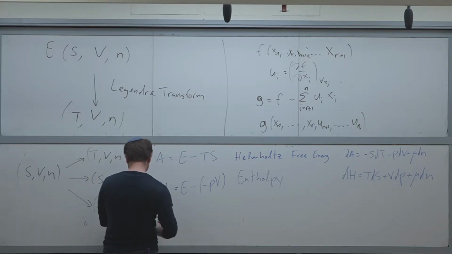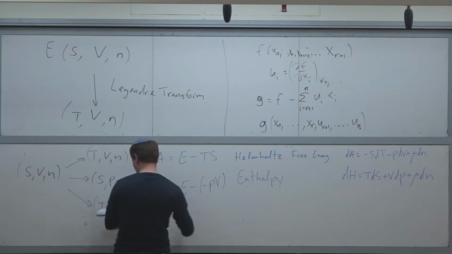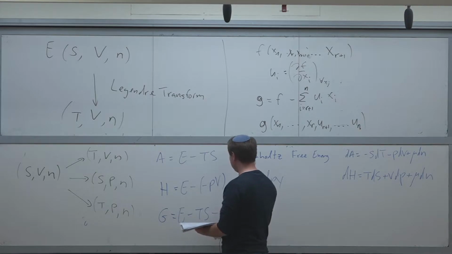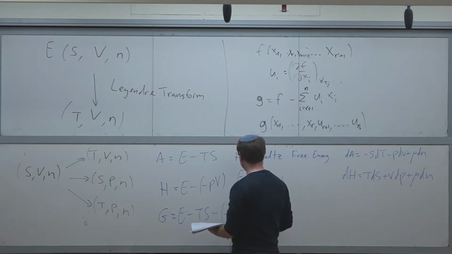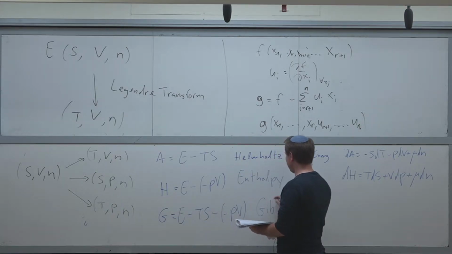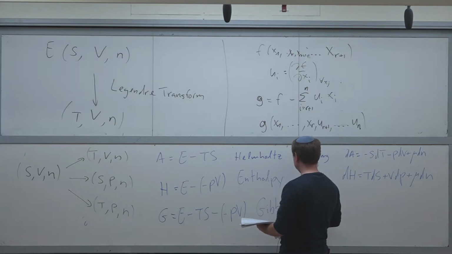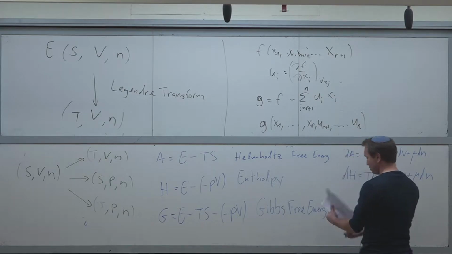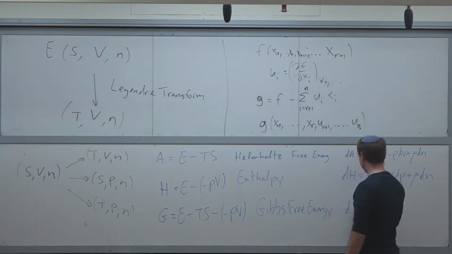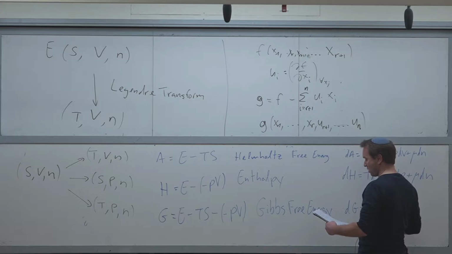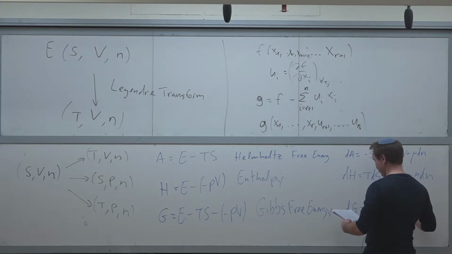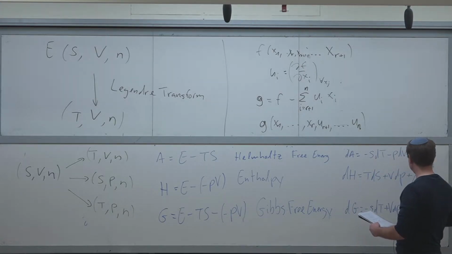Gibbs free energy is G equals E minus TS minus PV. dG will be of the form minus S dT plus V dP plus mu dN.